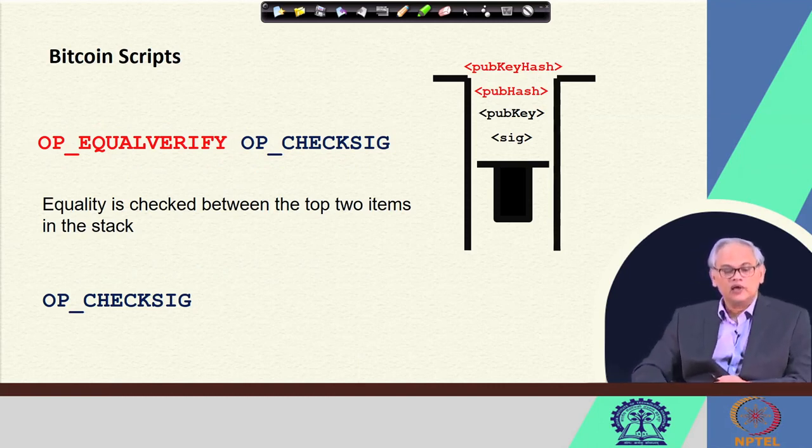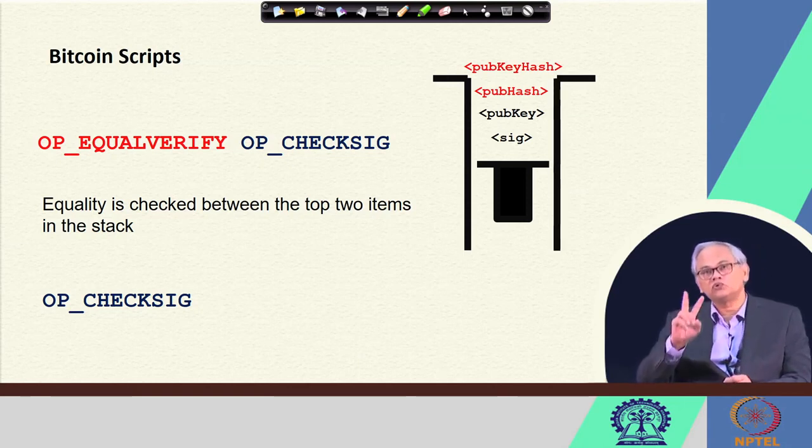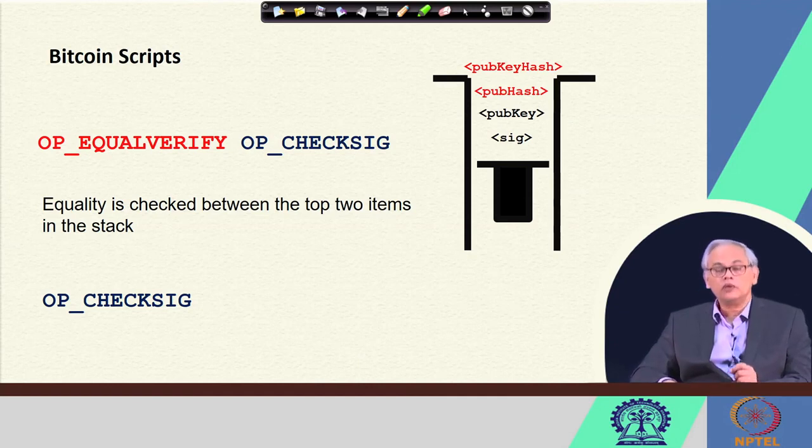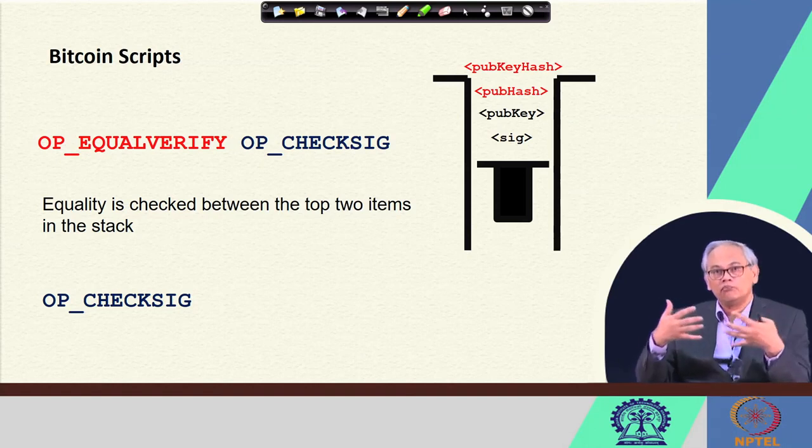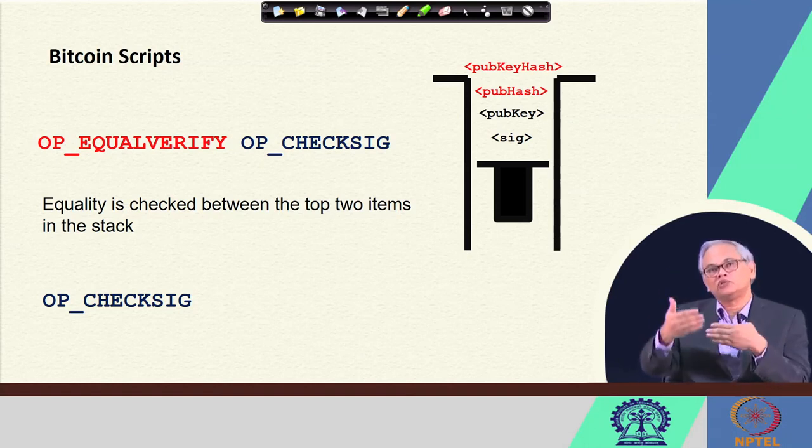Now, interestingly, we have this operation of OP_EQUALVERIFY. What does OP_EQUALVERIFY do? It performs the operation of checking the equality between the top two stack items. What are the two top stack items? These are the pub hash and the pub key hash. These will be checked, and only if they match will it proceed to the next step.